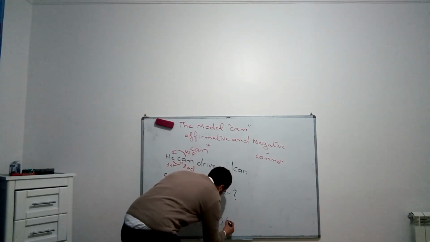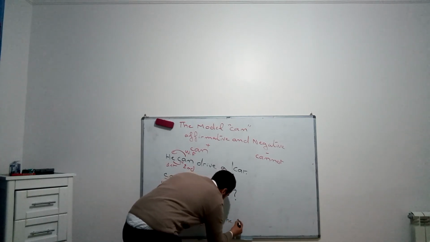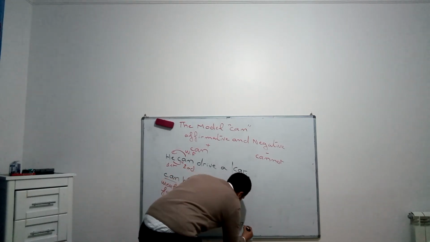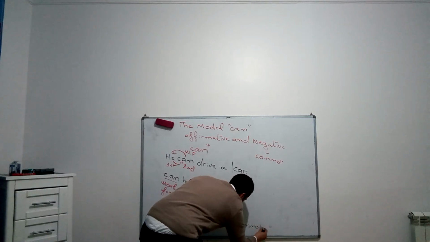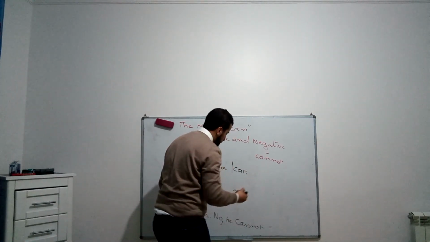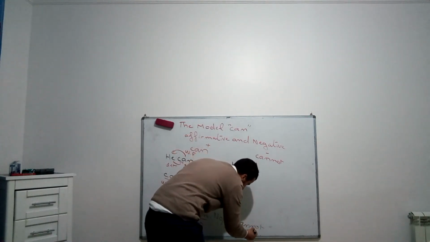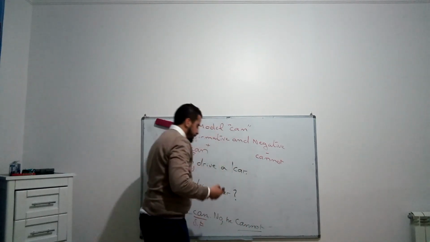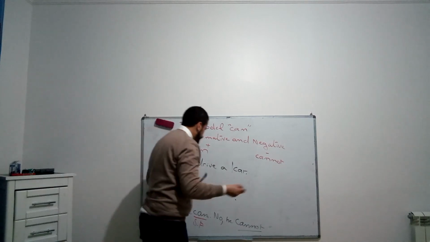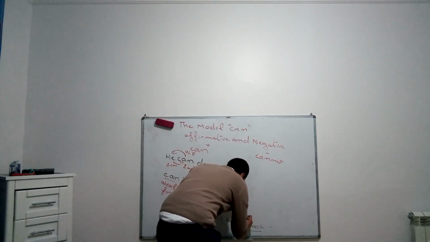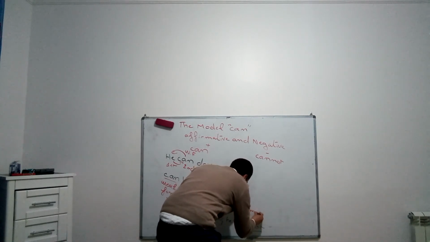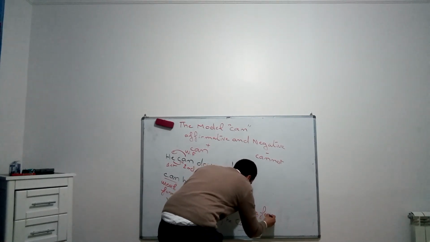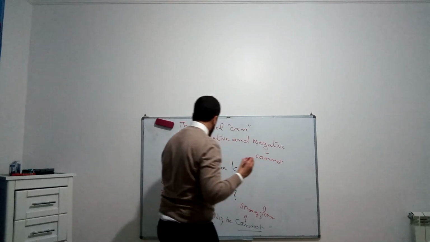No, he cannot, or can't, with the apostrophe before the T. So cannot here is a strong form. This is the difference.